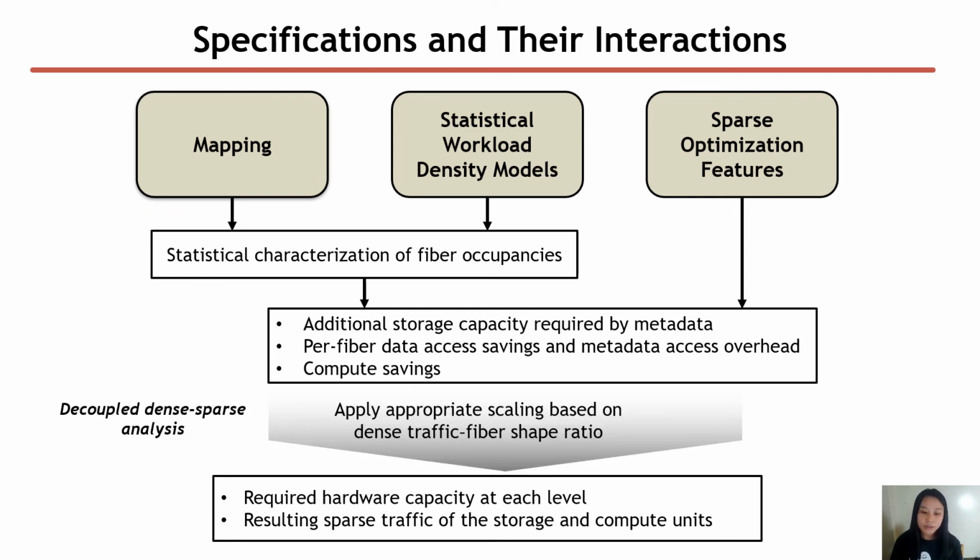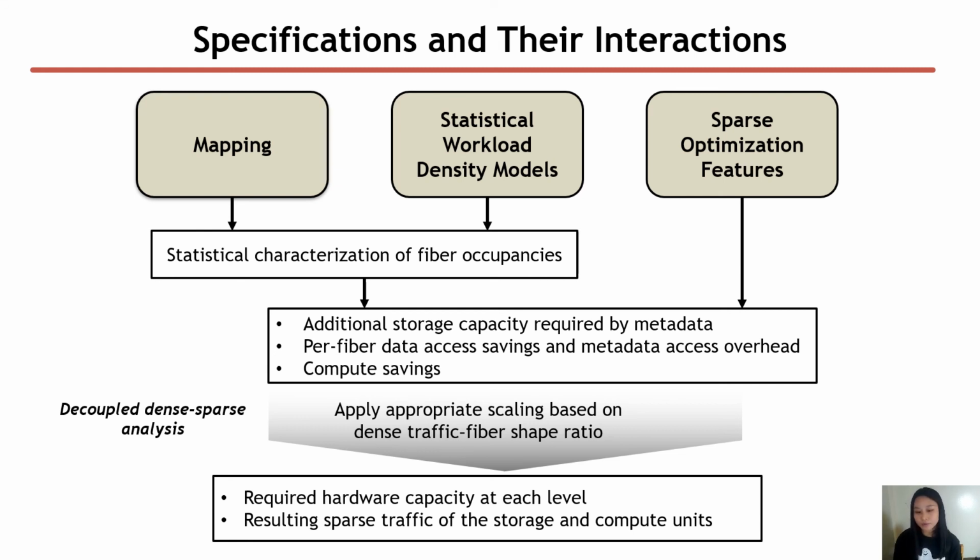And you can imagine, since all of our analysis is done based on fibers or a tree of fibers, we could apply appropriate scaling based on the density, based on the dense traffic to fiber shape ratio.